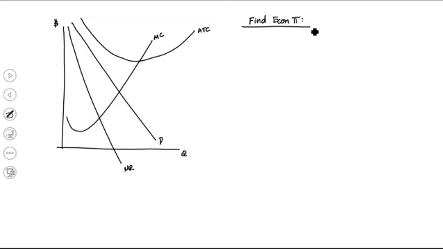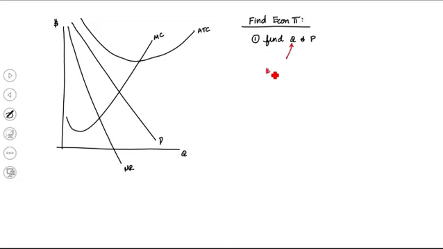So starting with this graph, let's talk about the steps for finding economic profit. The first step is that we need to be able to find quantity and price. Everyone remember the shortcut rule for finding quantity?